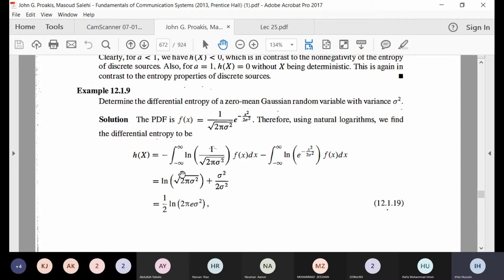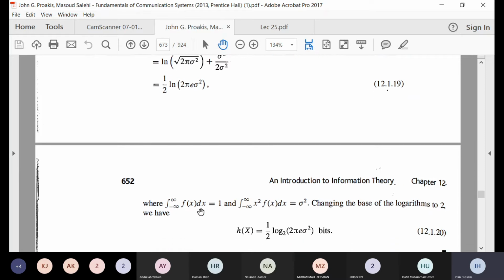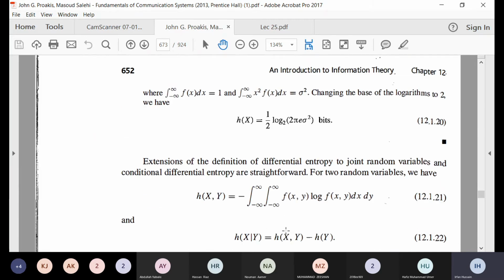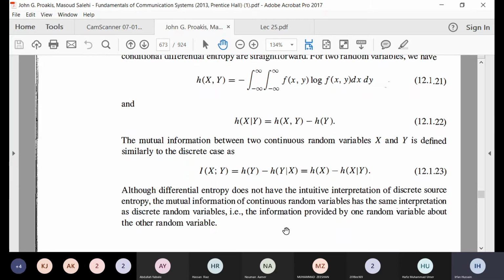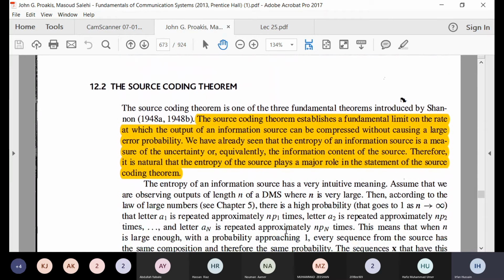So these both halves added become half of log of 2 pi sigma squared e. This is log natural of e. You can convert this to log base 2 by dividing by the natural log of 2. One distribution will be conditional, this will be mutual information there, and similarly.